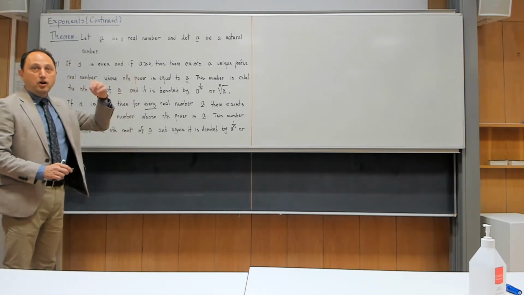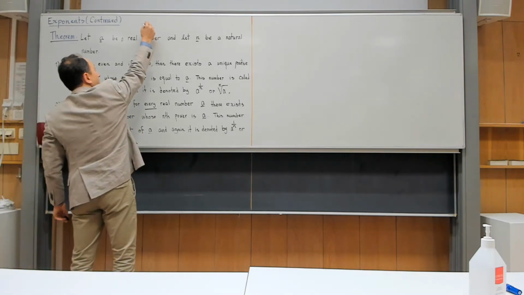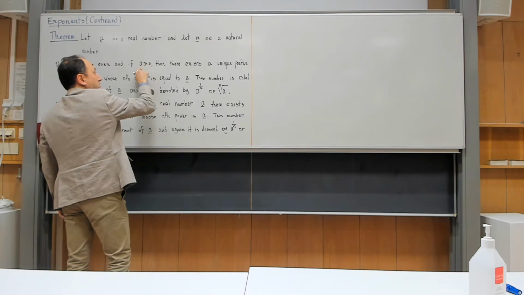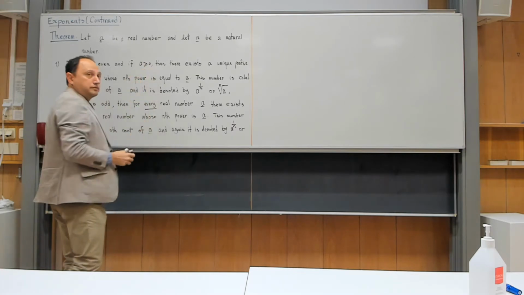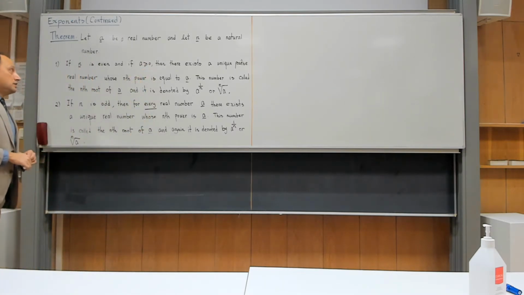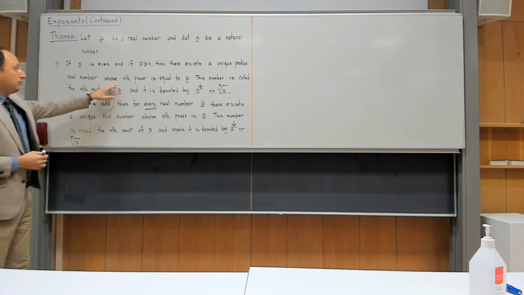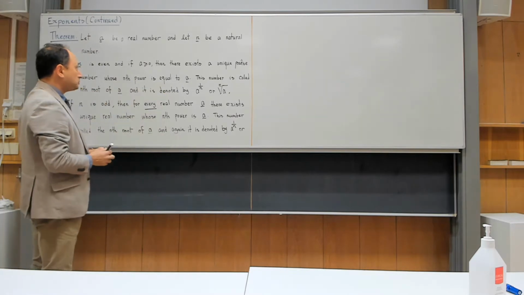But when I say A is positive, I mean A is strictly greater than 0. This symbol is read A is positive, but this symbol is read A is non-negative. Then there exists a unique positive real number whose nth power is equal to A.